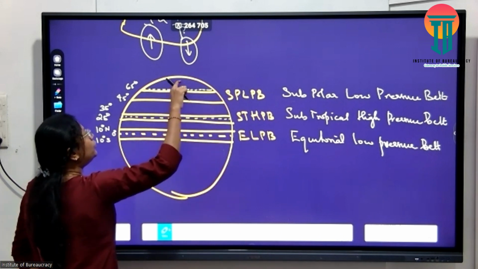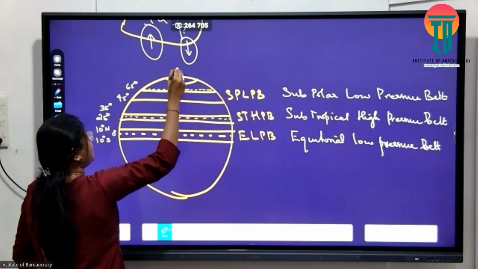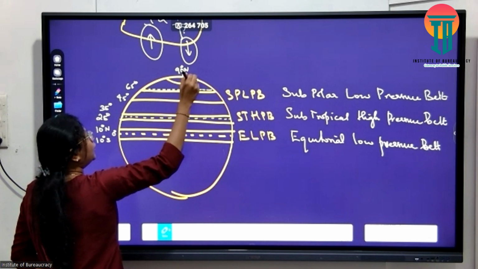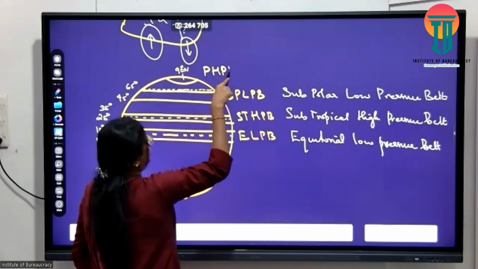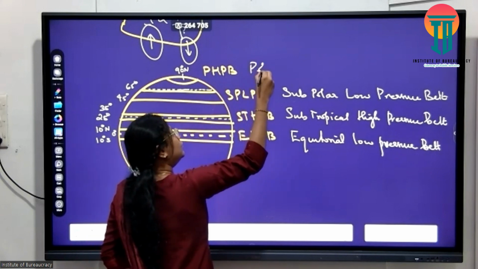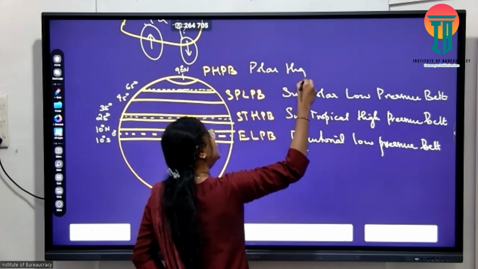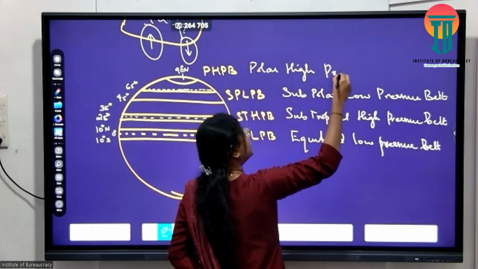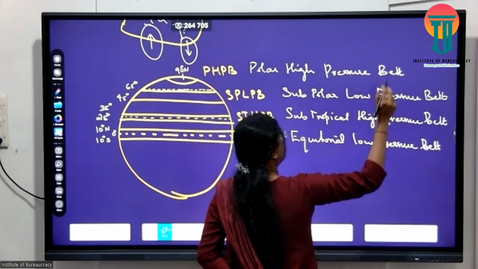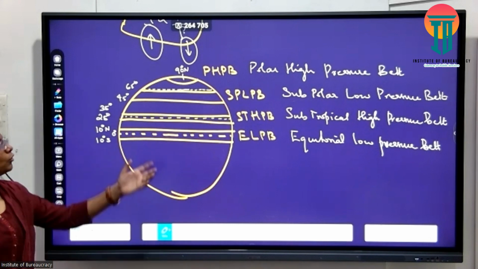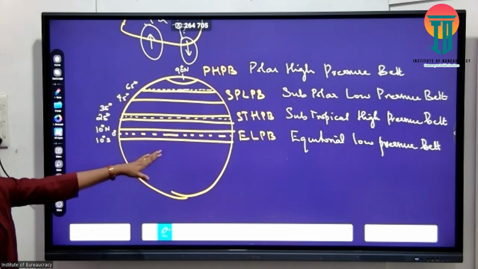And around your polar region, this is known as the polar high pressure belt. Okay, so note down, these are the 4 important pressure belts.